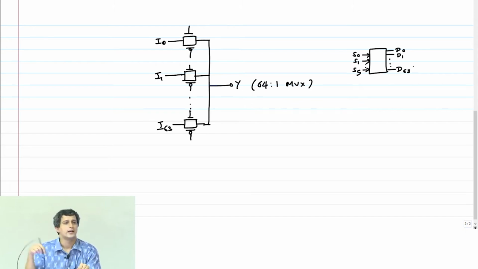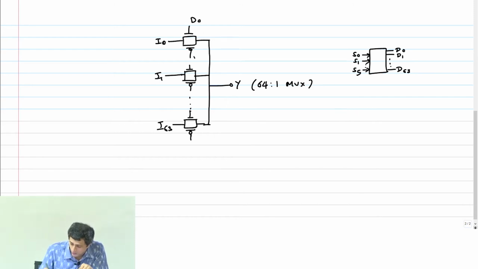But in order to turn on this pass transistor, I need both true and complement outputs. I need the decoded output and the complement of the decoder output, because for the PMOS I need that, right? Therefore, I will make this D0 and D0 bar. This is D1 and D1 bar. This is D63 and D63 bar.